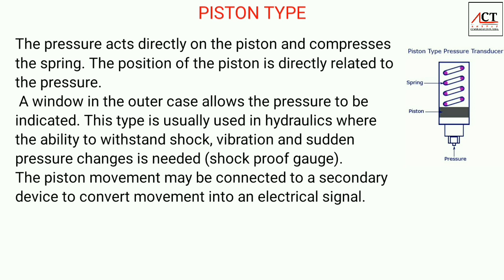Here the pressure acts directly on the piston and compresses the spring. The position of the piston is directly related to the pressure. A window in the outer case allows the pressure to be indicated. The piston movement may be connected to a secondary device to convert its movement into an electrical signal.